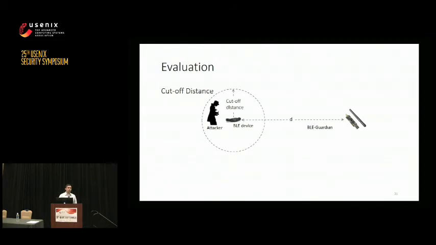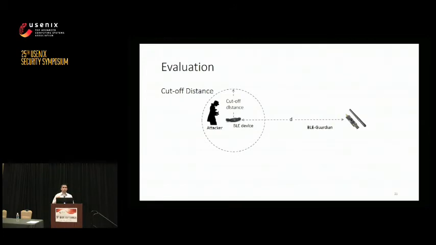Because of FCC regulations, it can transmit using the same power as a Bluetooth Class 1 device. So the farther BLE-Guardian is from the actual target device, there will be an area around it over which the attacker can still receive these advertisements and possibly issue connection requests. And we call this the cutoff distance.